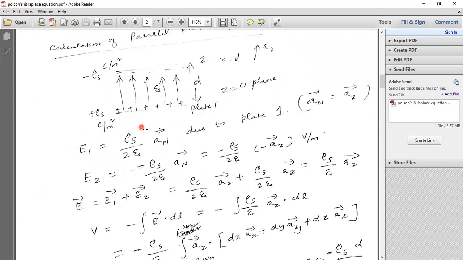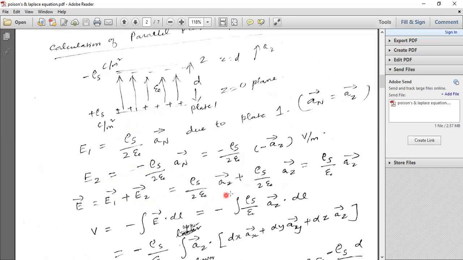The electric field intensity of the first plate is given by rho s by 2 epsilon an. Similarly, for the second plate it is rho s by 2 epsilon, with the appropriate sign. This is the electric field intensity of the corresponding plates. What is the total electric field intensity? We have to add E1 plus E2.